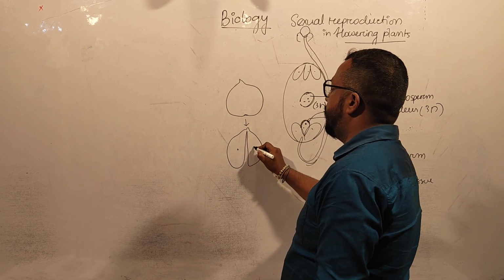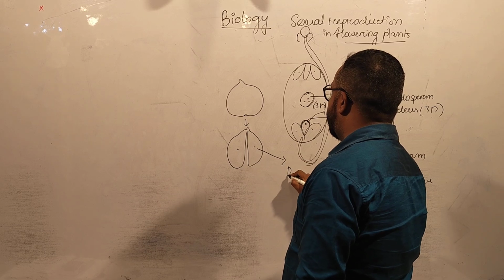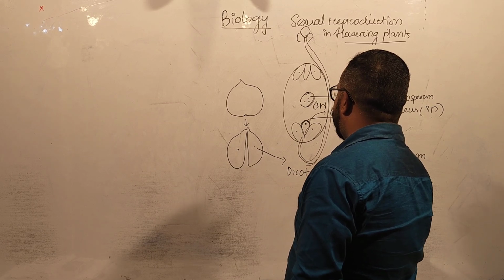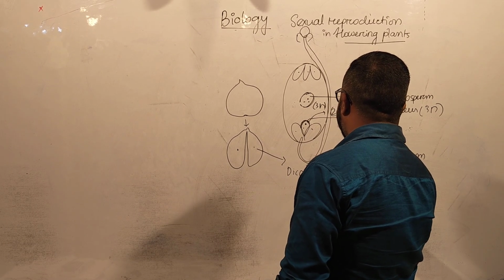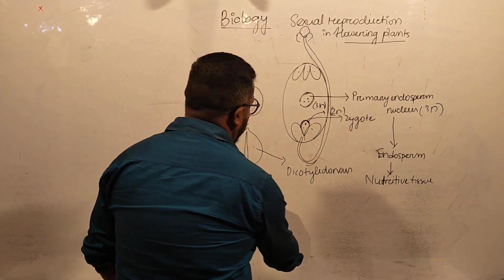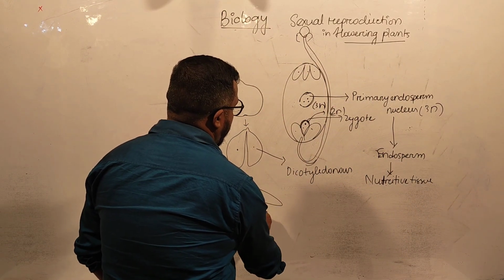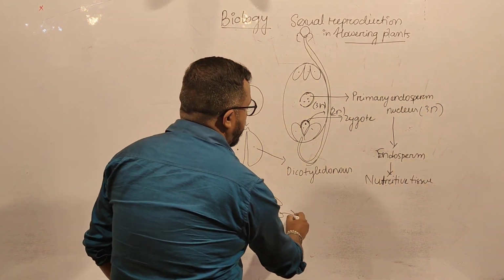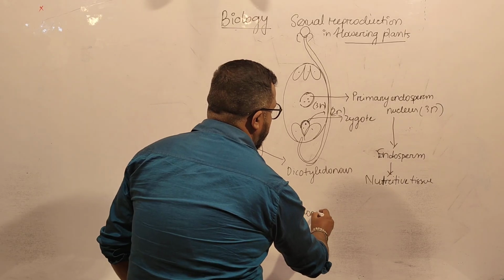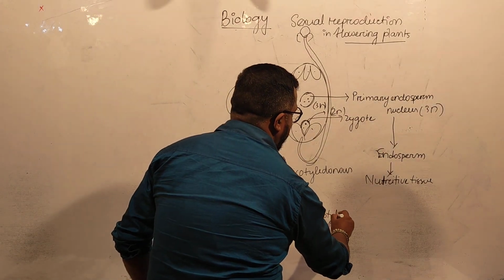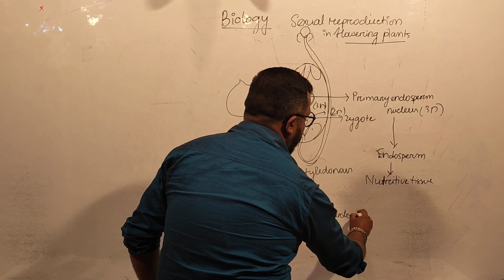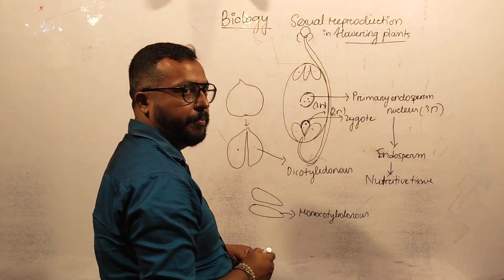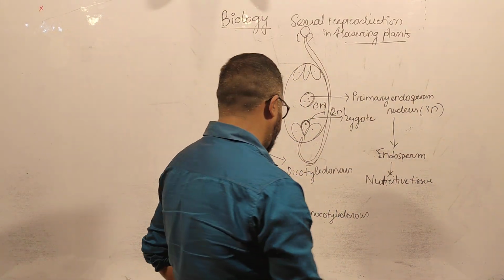This is one cotyledon, this is another cotyledon. So this is called a dicotyledonous seed. But if we look at maize or rice, you cannot split it into two parts. This is called a monocotyledonous seed.